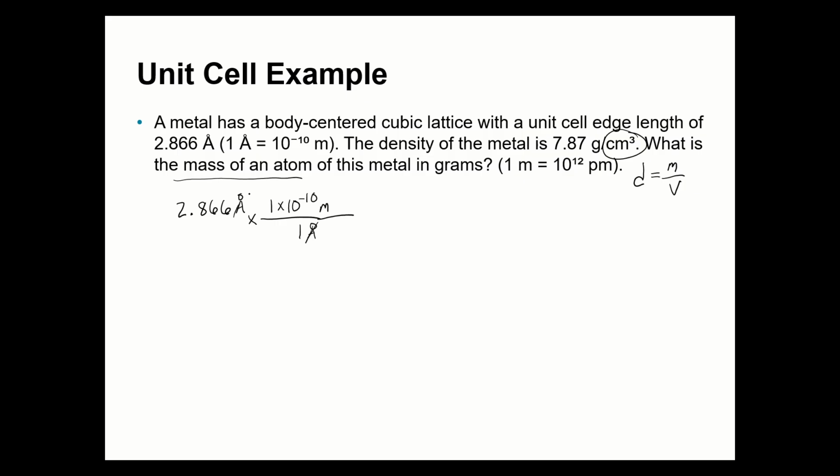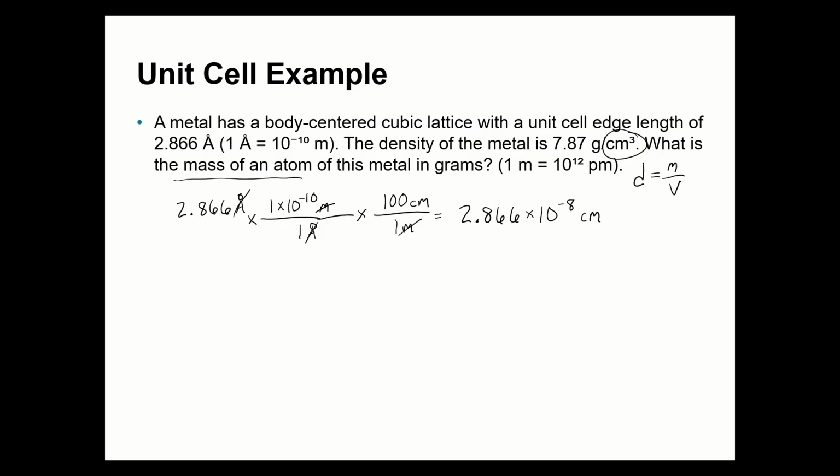The angstroms will cancel, and then we can multiply by the 100 centimeters over 1 meter. Okay, so that should give us 2.866 times 10 to the negative 8th centimeters, and that's the edge length.